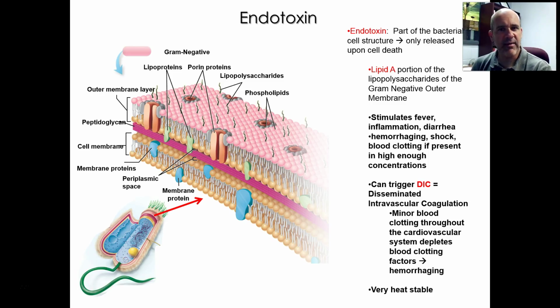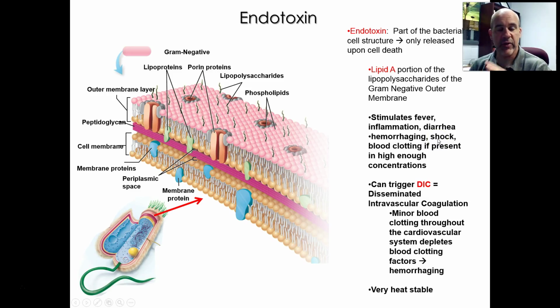So it's going to be kind of similar to going into anaphylactic shock, like if you were allergic to peanuts or bee venom, things like that. So some of the things that endotoxin can trigger: fever, inflammation, which can be widespread across the body, diarrhea from the intestinal tract, hemorrhaging, shock due to low blood pressure.